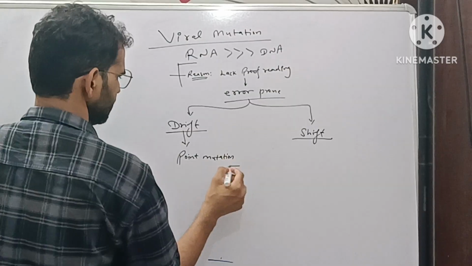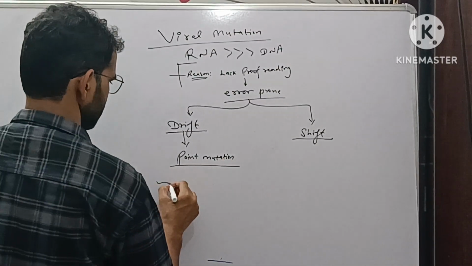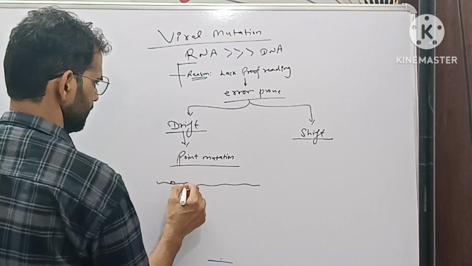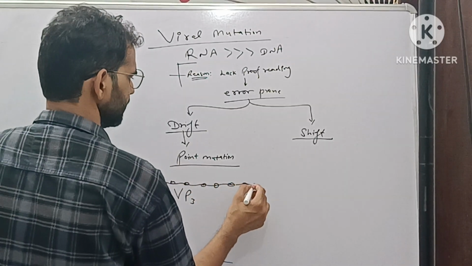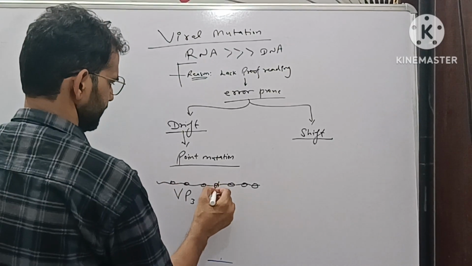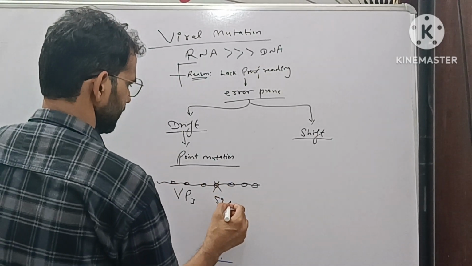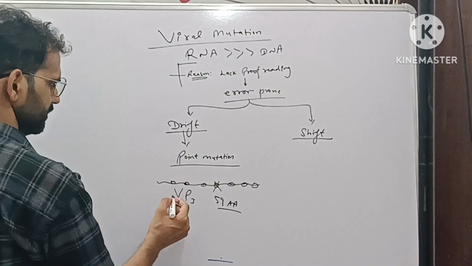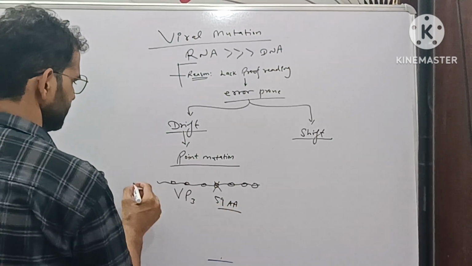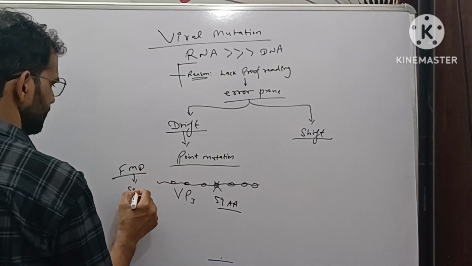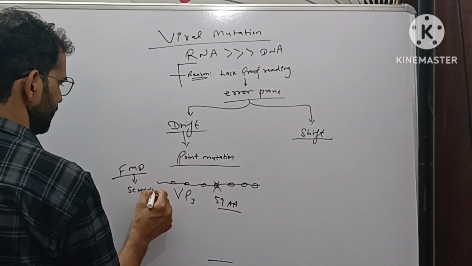For example, this is the VP3 protein and it has multiple amino acids. At position 59, an amino acid is deleted. So this VP3 59 deletion is an example in FMD virus serotype A.